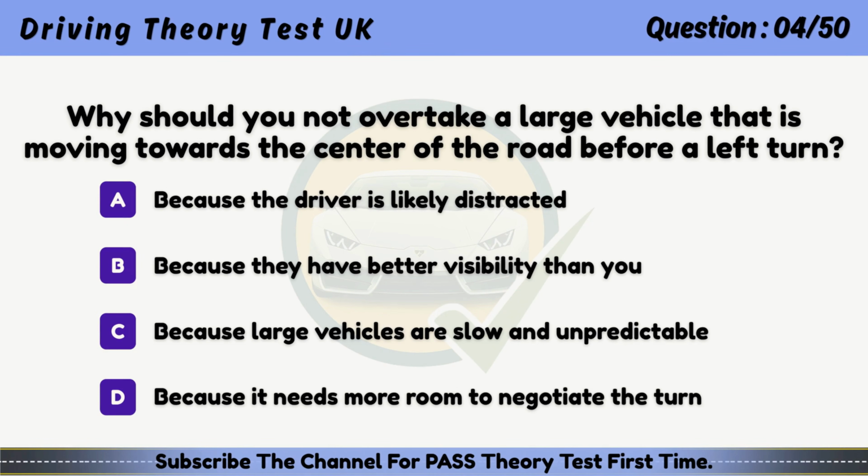Question 4. Why should you not overtake a large vehicle that is moving towards the center of the road before a left turn? Option A. Because the driver is likely distracted. B. Because they have better visibility than you. C. Because large vehicles are slow and unpredictable. D. Because it needs more room to negotiate the turn.